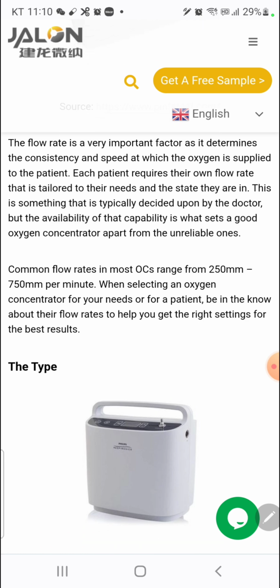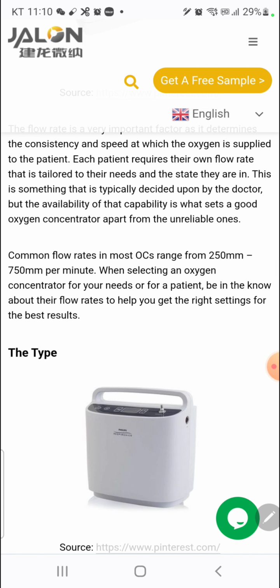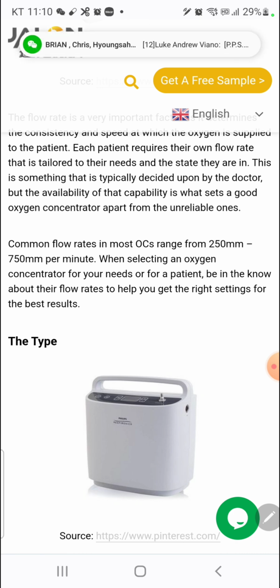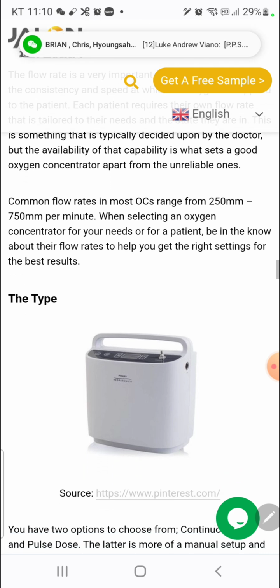This is something that is typically decided upon by the doctor, but the availability of that capability is what sets a good oxygen concentrator apart from the unreliable ones.